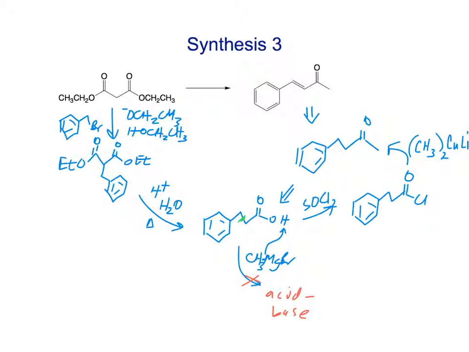Okay, so there are a couple of other ways if we want to get from this acid to an aldehyde, then we could add a Grignard, which would make the alcohol that we would have to oxidize. So how would we get from here to here?